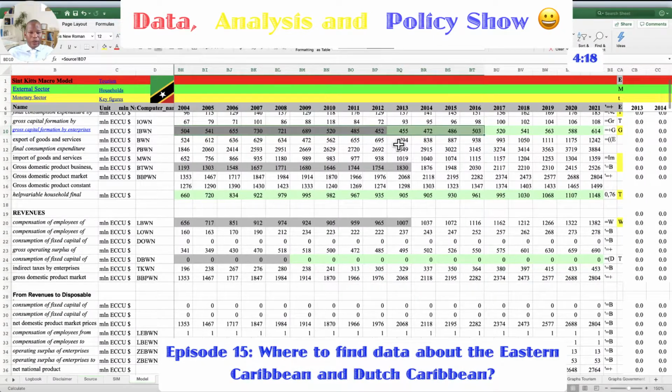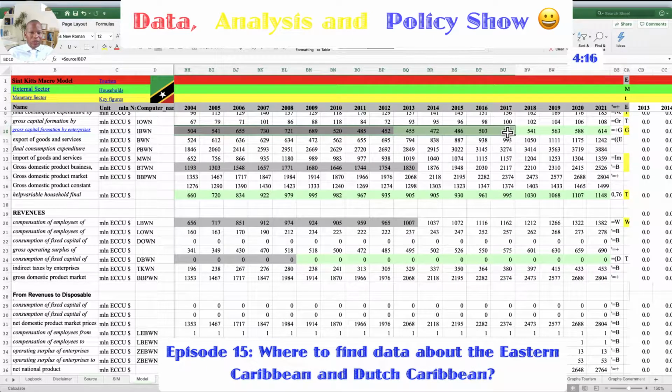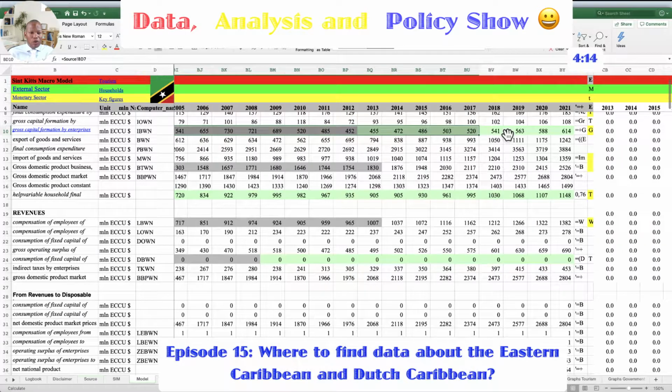If we continue with the trend, it will look around 541 million Eastern Caribbean currency. If you want to know how much it is in dollars, you have to divide by 2.7. In the investment model, this part is green, and it means that these are our projections.